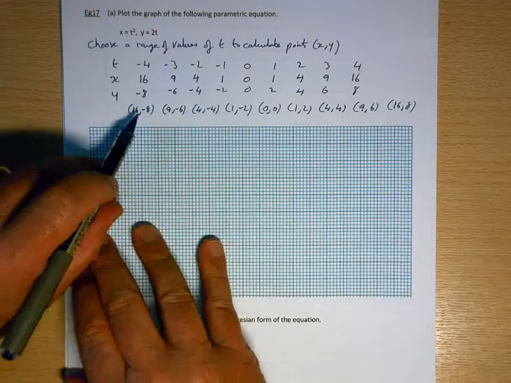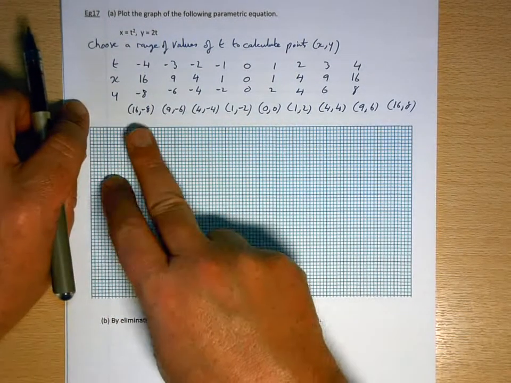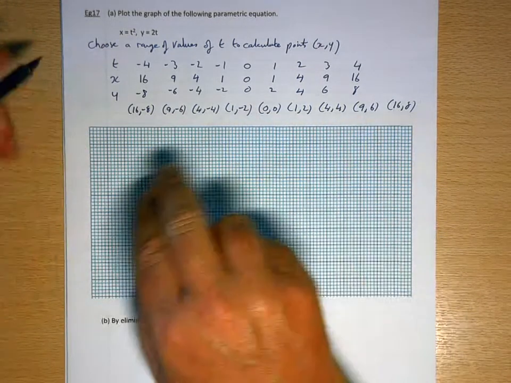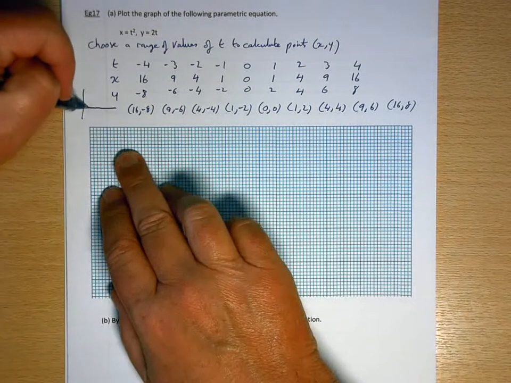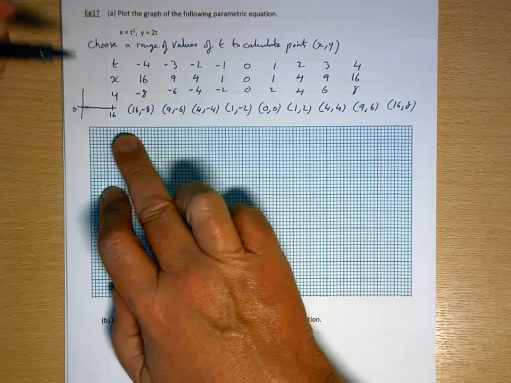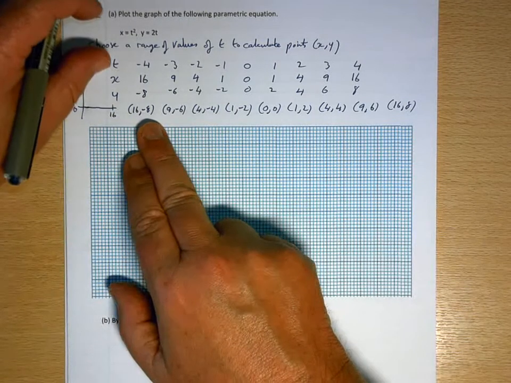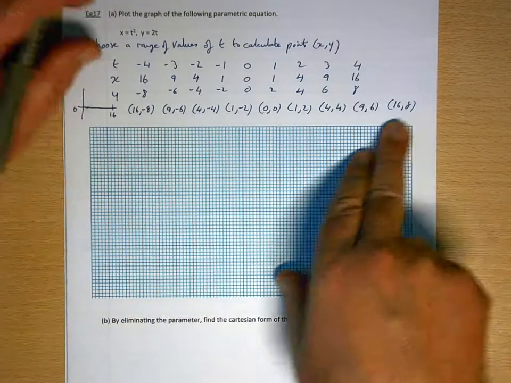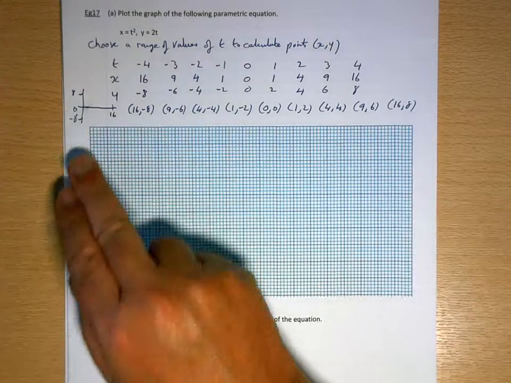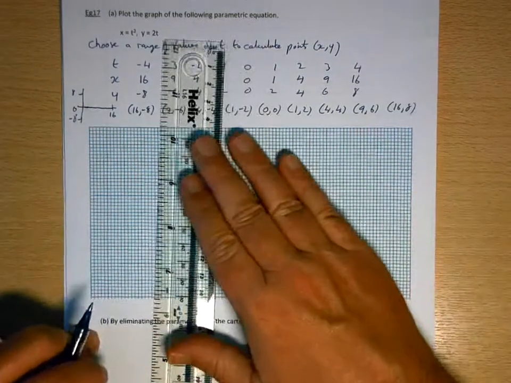And what we've got there is x is ranging from 16 to 0. So on my axis, that needs to go up to 16. And the y is going as negative as -8 and as positive as 8. So I want it to go like that. So that's what I'm going to fit onto my graph.